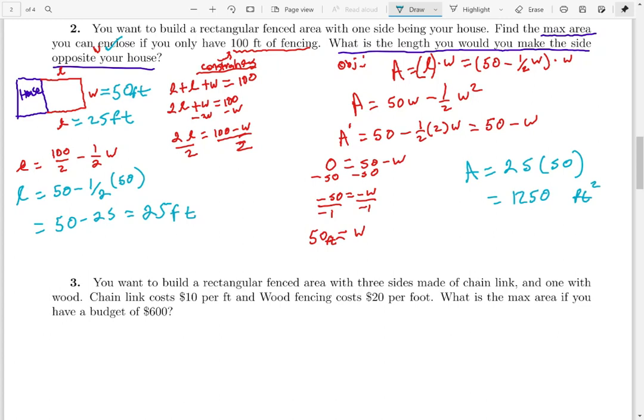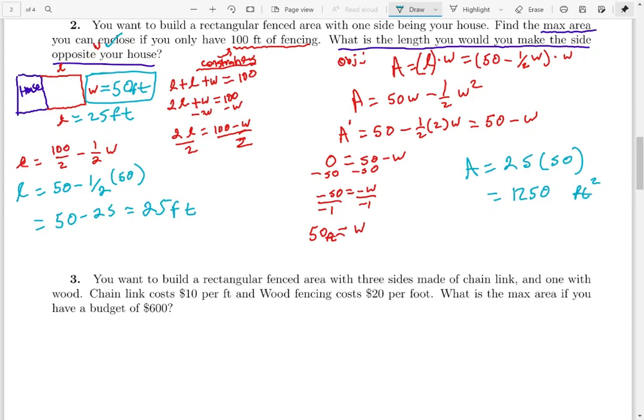And now that I read this problem again, since it just said find the max area you can enclose if you only have 100 feet of fencing, well, that's 1,250, but maybe not. Maybe they didn't want both of these. So specifically, I know that the W, that length of fence opposite the house, is 50 feet. And if somebody asked what's the max area, then we've also found that answer if it was desired.